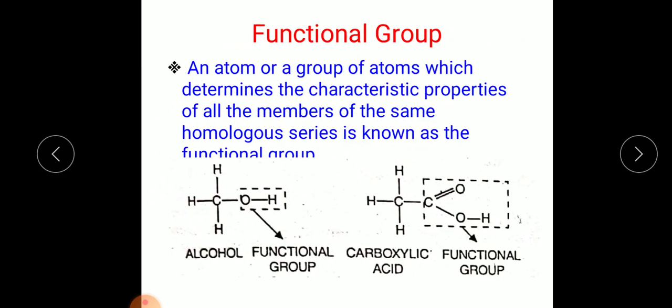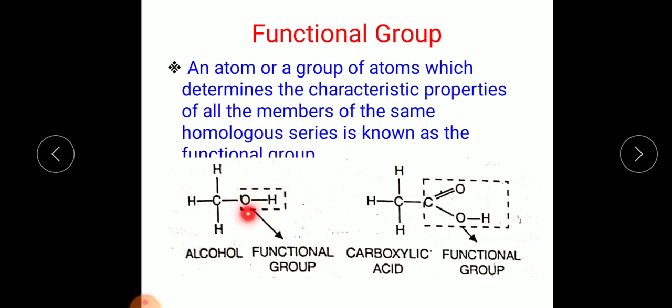Next, functional group, a very important term in organic chemistry. An atom or a group of atoms which determines the characteristic properties of all the members of the same homologous series is known as the functional group. So in an organic compound, the group which determines the characteristic properties of that compound, we call a functional group. For example, this is an alcohol where we have OH.